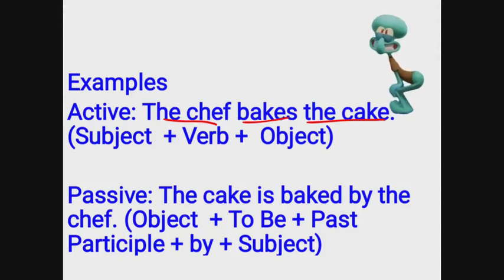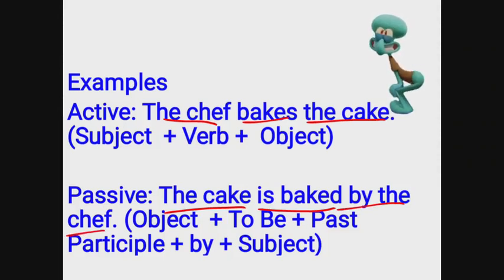In passive voice, look at how it is written: the cake is baked by the chef. If you look at this, the cake, which is the object, has come to start the sentence. We see here a verb, and the chef, which was the subject, has become the object.